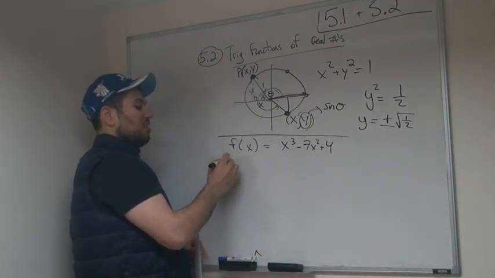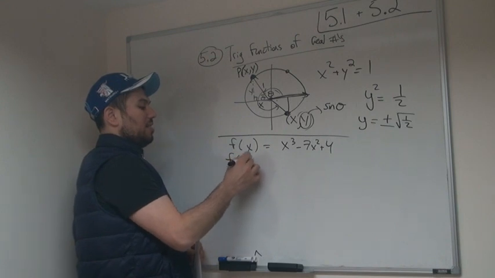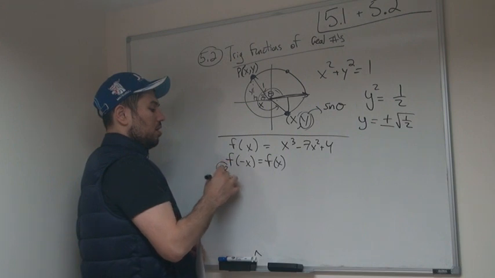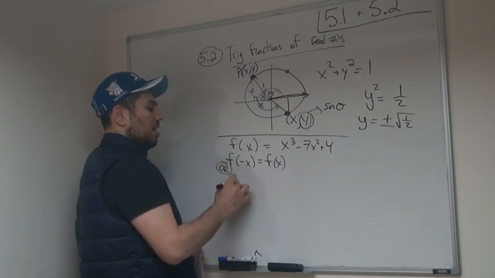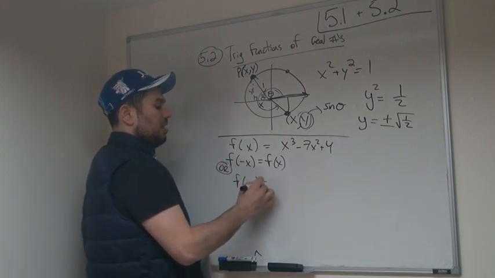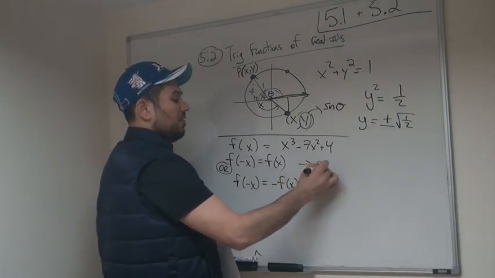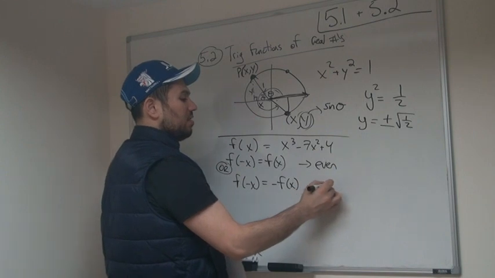Well, in order to test, you'd have to say, okay, is f of minus x equal to f of x? Or is f of minus x equal to minus f of x? In this case, the function is even. In this case, the function's odd.